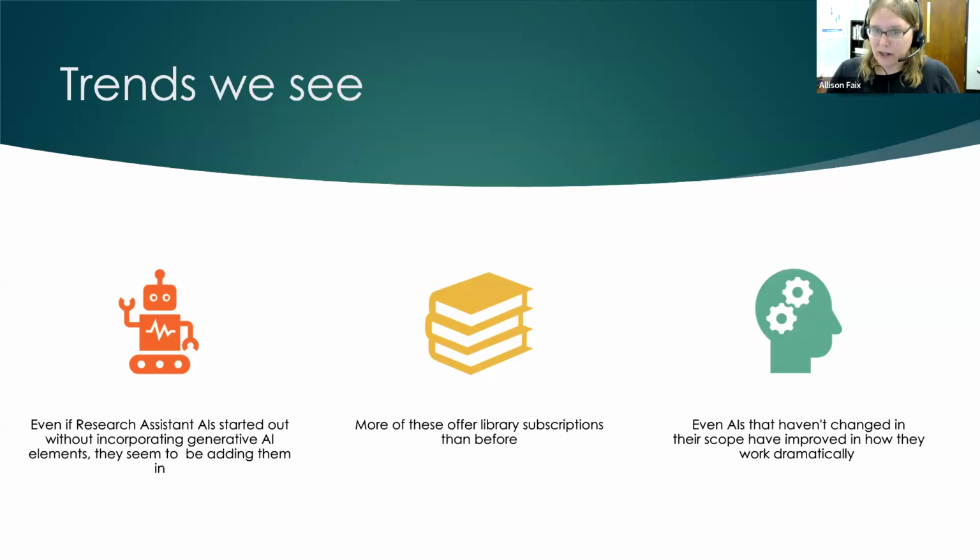More of them are starting to offer enterprise or library subscriptions than there used to be. And even the ones that haven't changed that dramatically in a year have improved in a year. So it is definitely a very fast changing world that we're trying to keep up in.